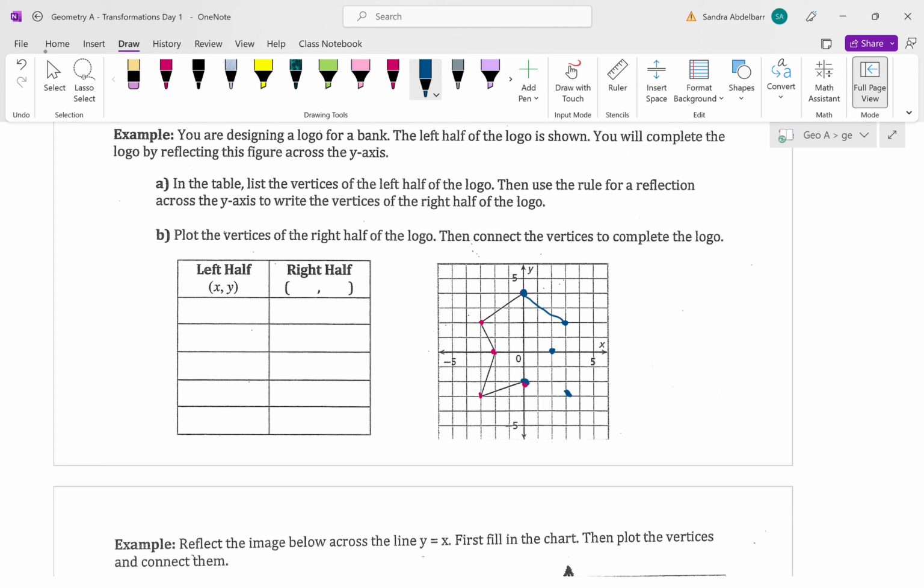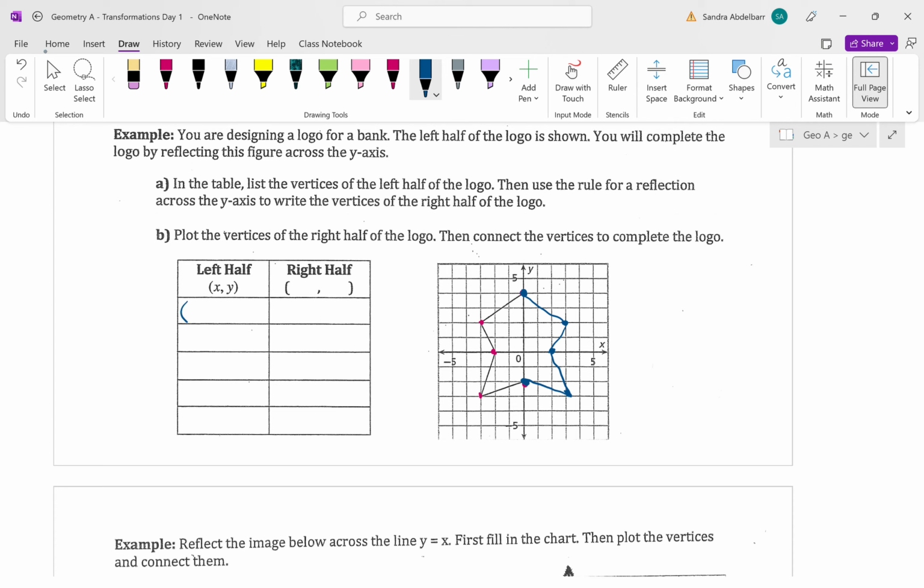And now we have to connect. So do you see how I just created the image just by counting the boxes, not even using the rule?